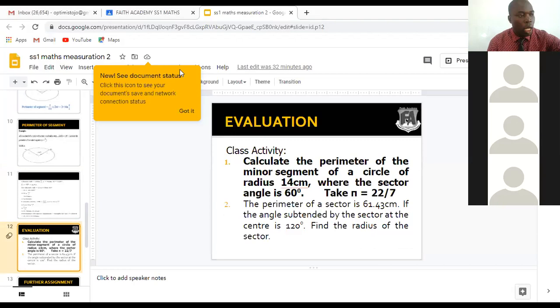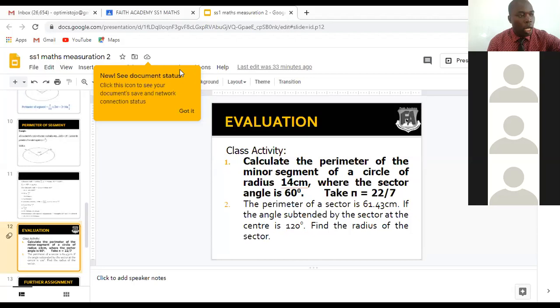Calculate the perimeter of a minor segment of a circle of radius 40 centimeters, where the sector angle is 60 degrees. Take pi to be 22 over 7. Number 2, the perimeter of a sector is 61.43 centimeters.